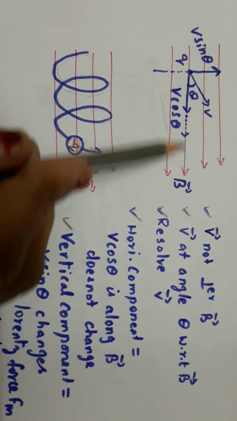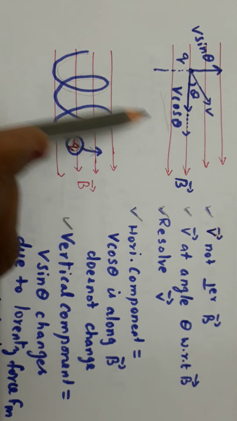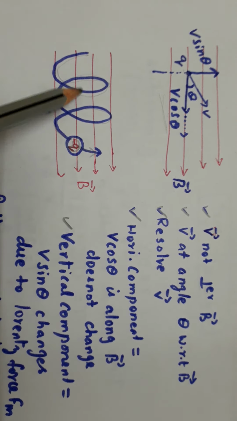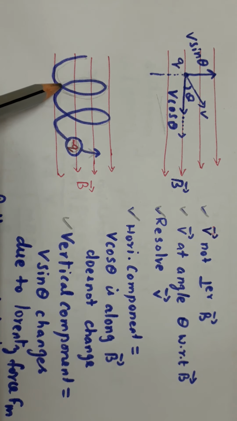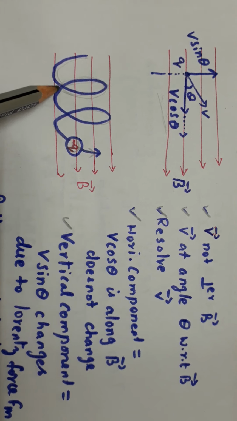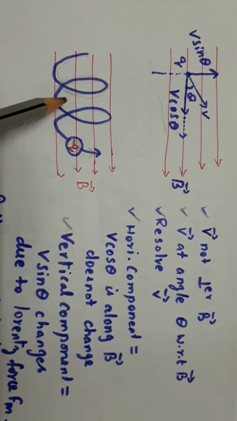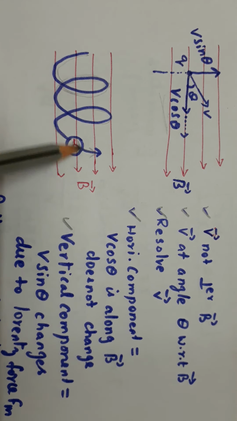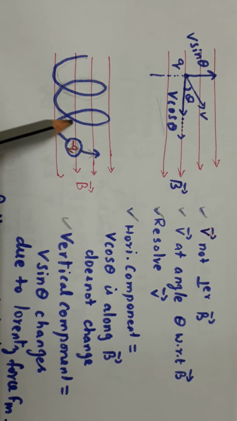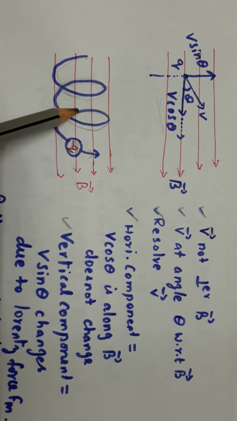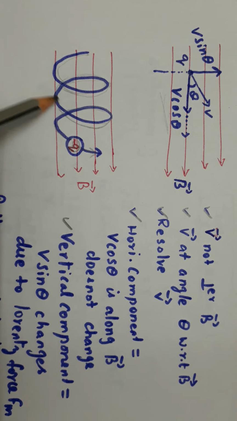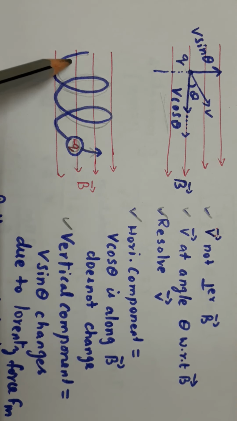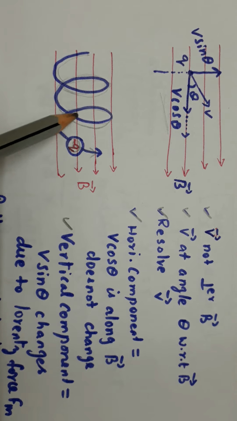This component, which is acting along the B vector, will move the charge along this axis. Once the charge completes one circular path, this component moves it along the positive x-axis, and again Lorentz force makes the particle move in a circular path. So if the circular path takes place continuously, it will look like a helical path, right?